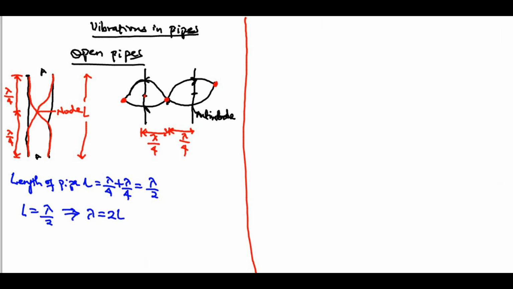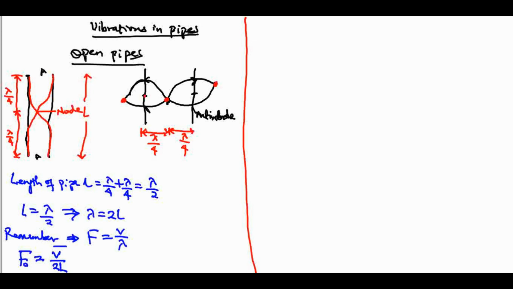And remember that we are fixing all of this into the equation that F is equal to velocity over wavelength. So we can as well say that for open pipes, the fundamental frequency F0 is going to be equal to V over 2L.